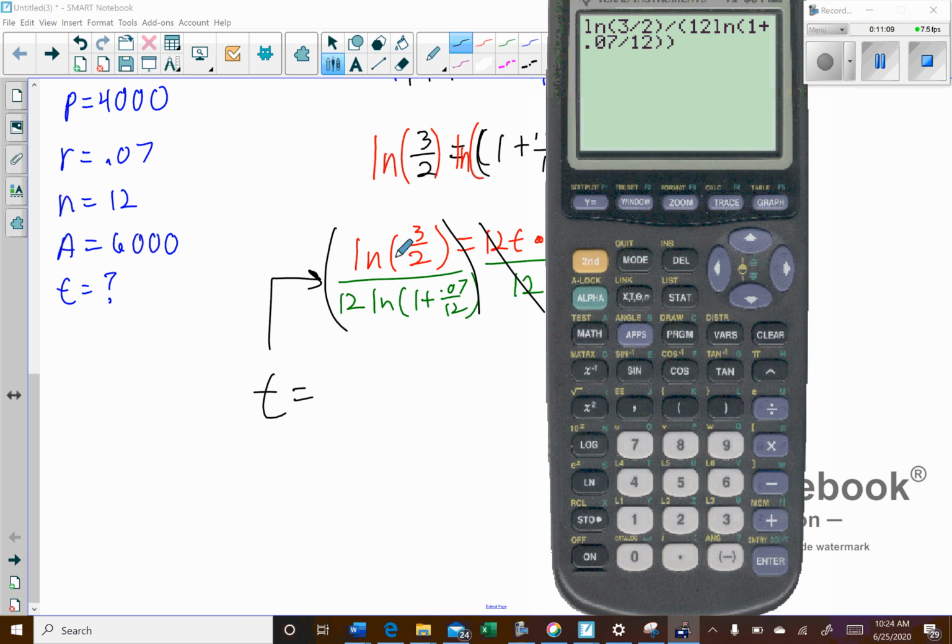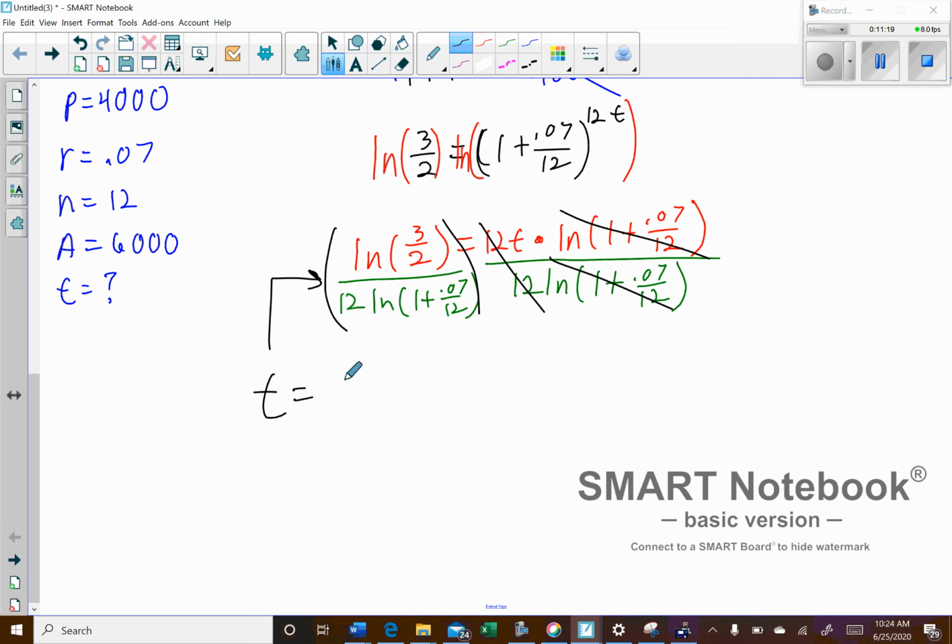Depending on what calculator you're using, you'll want to be careful. Let's see what we get. That will round to 5.81. So it's going to take 5.81 years for that investment to grow from 4,000 to 6,000 under these given conditions.